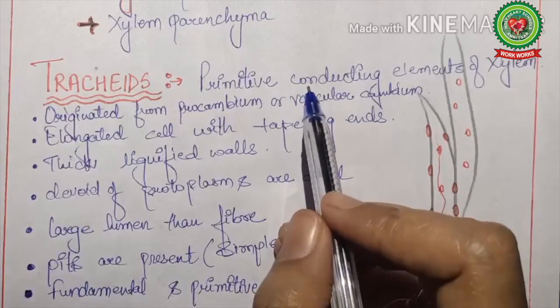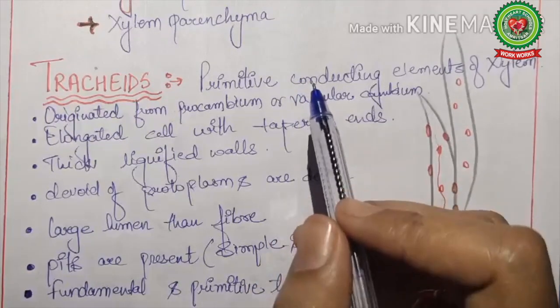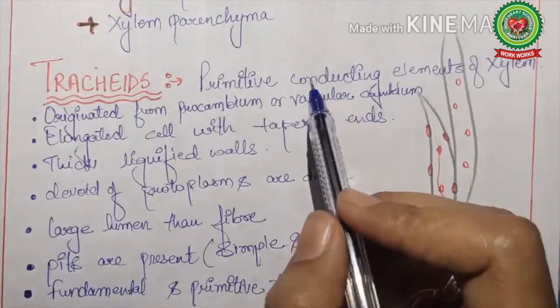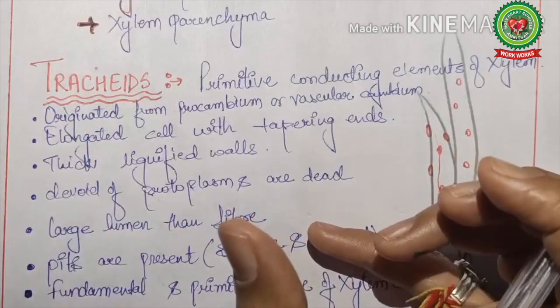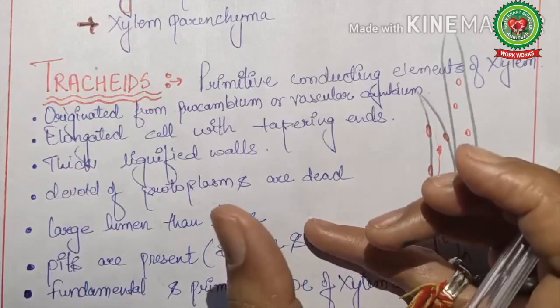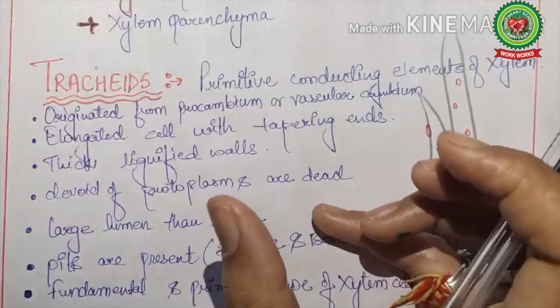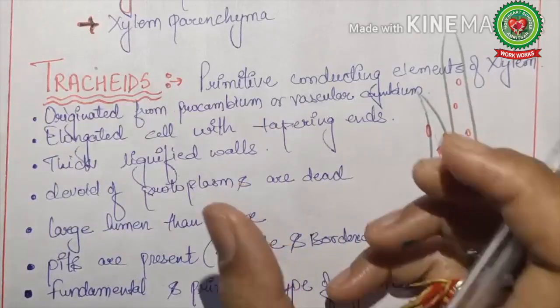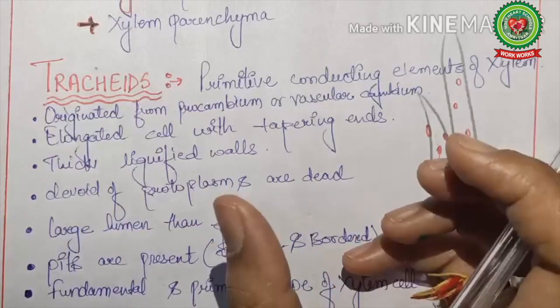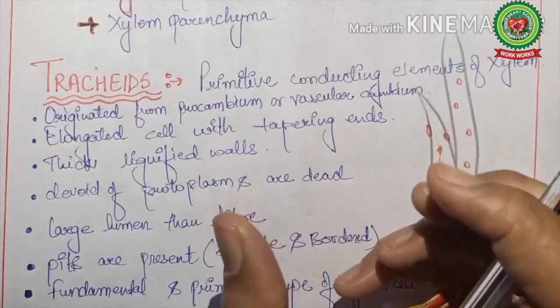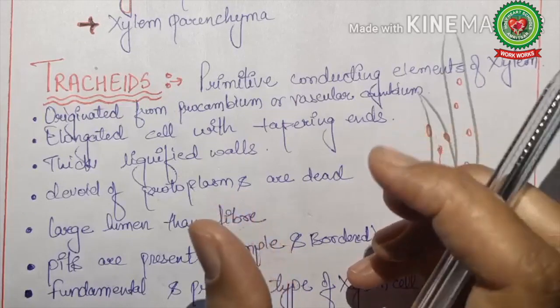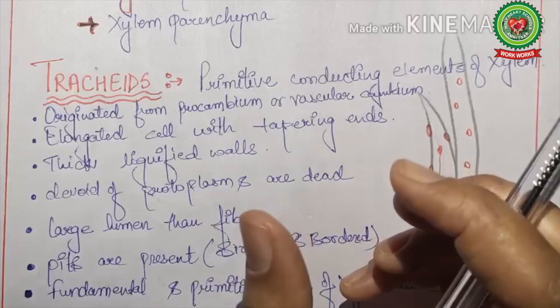Pteridophytes are the plant group in which vascular bundles are present, and they are called tracheophytes. Tracheophytes is the word used for all those plants which possess vascular bundles. There are three categories which come under tracheophytes: pteridophytes, gymnosperms and angiosperms. All these three are tracheophytes.